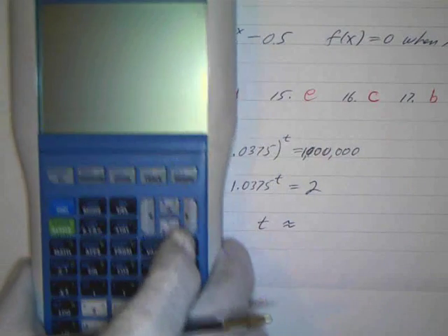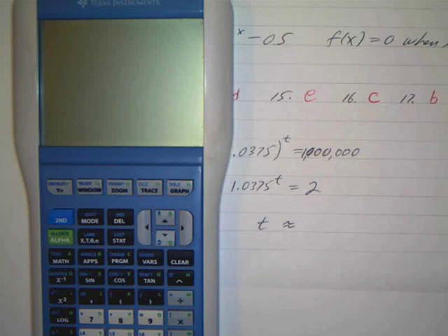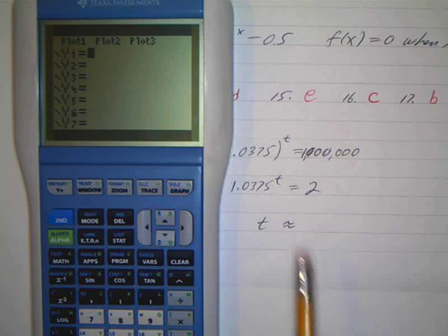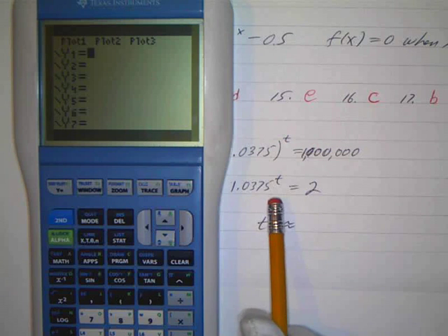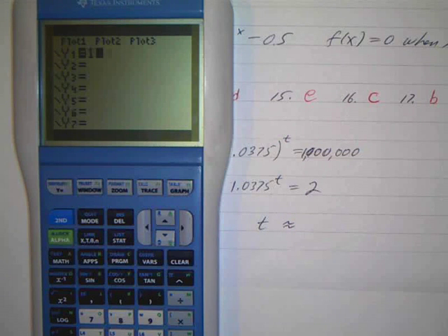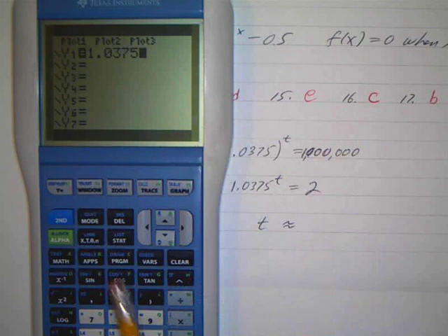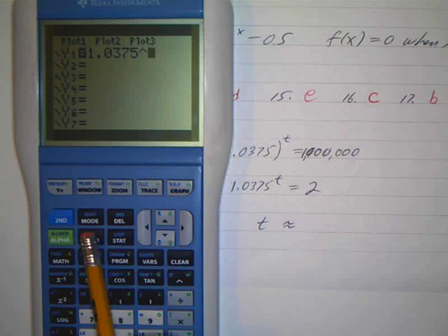So we'll get our calculator out here, and we'll graph 1.0375 to the t, and we don't have a t, so we call that x, so caret x.